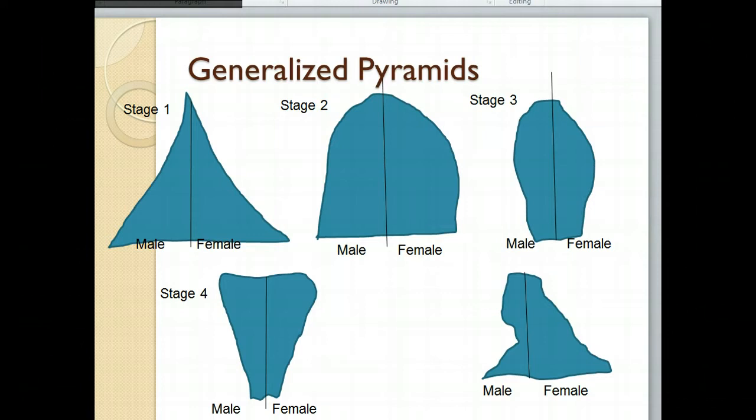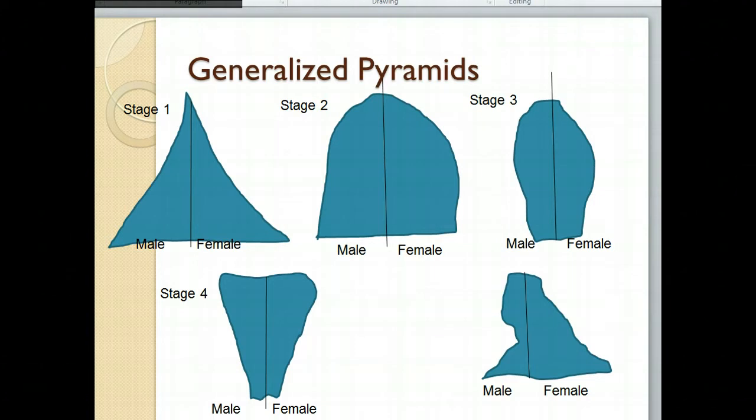Here's an example, and I drew these by freehand, so they're all wobbly, so you're going to have to kind of use your imagination. But here's a pyramid that might show some kind of stress on a population, and for this pyramid the stress was mainly on the male population.